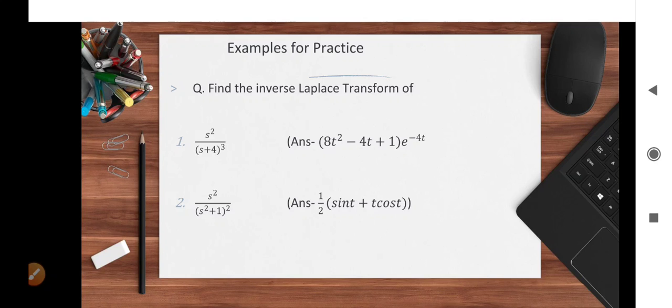So after these 6 simple and easily understandable methods, we will discuss the last and important method, use of the convolution theorem to find inverse LT, in our next lecture.